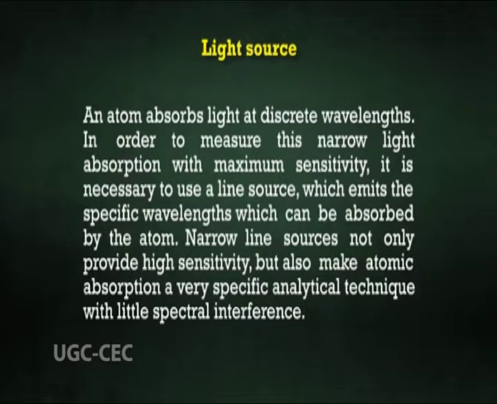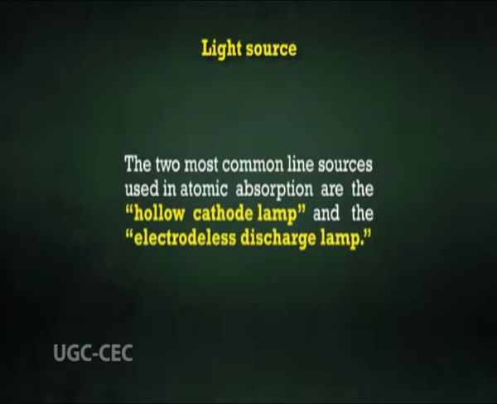Narrow line sources not only provide high sensitivity but also make atomic absorption a very specific analytical technique with little spectral interference. The two most common line sources used in atomic absorption are the hollow cathode lamp and the electrode-less discharge lamp.